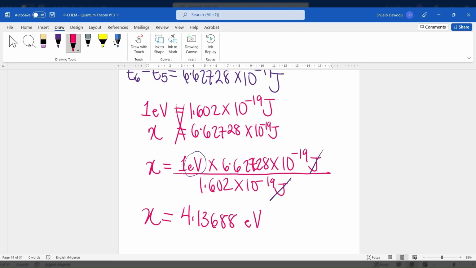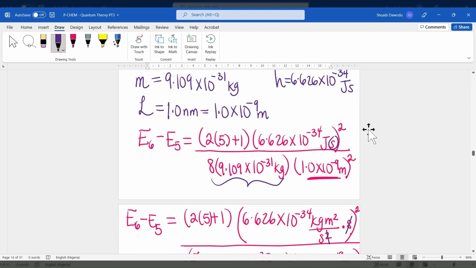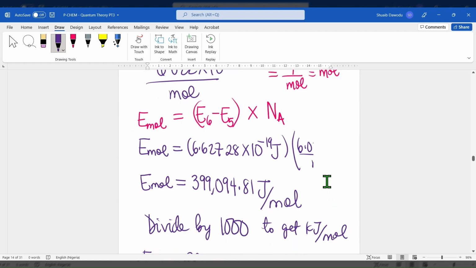But our work is still not done because we're scientists and we have to put our work in the proper number of significant figures. When we go back to the beginning of our question, we see that the proper number of significant figures is simply two sig figs. You see 1.0 nanometers, two sig figs.